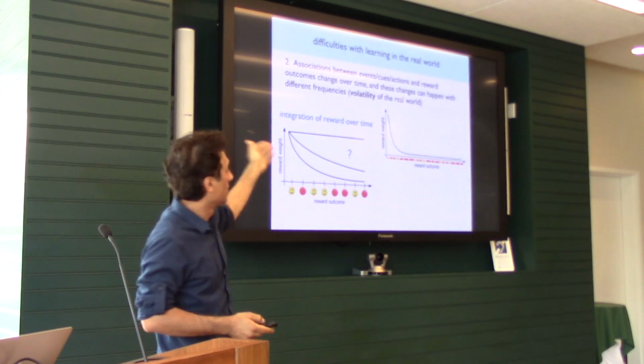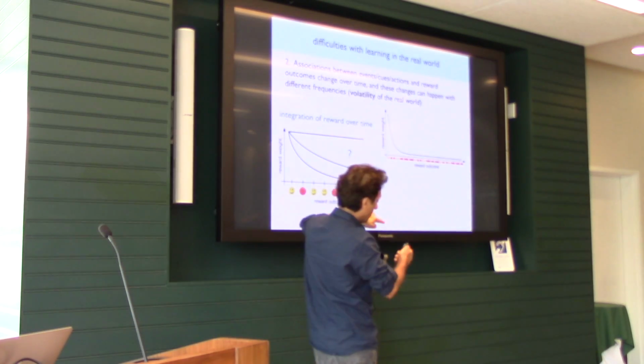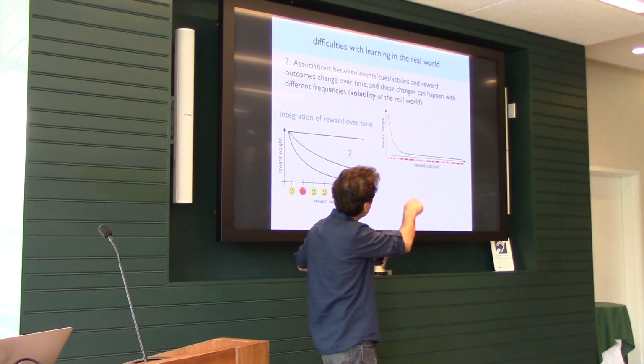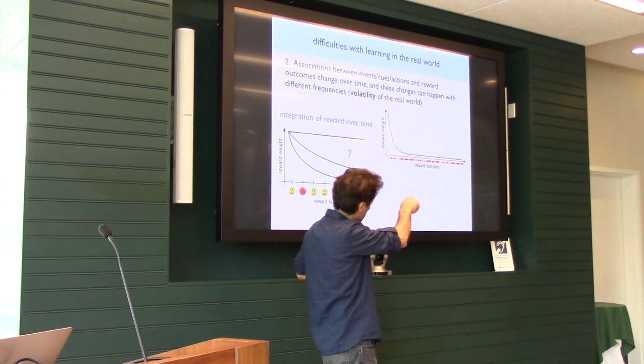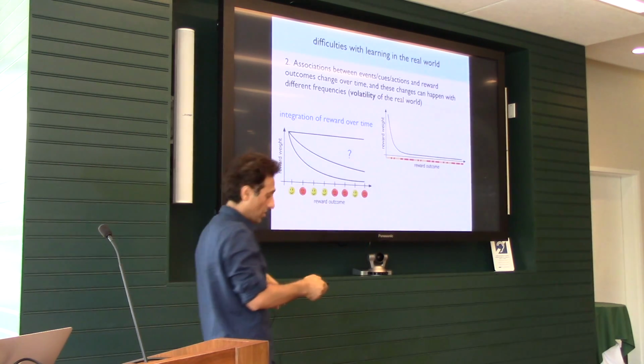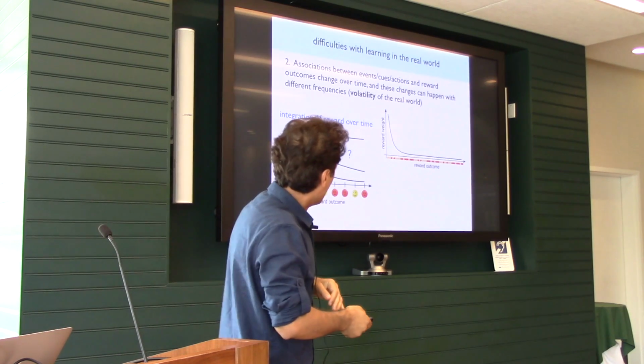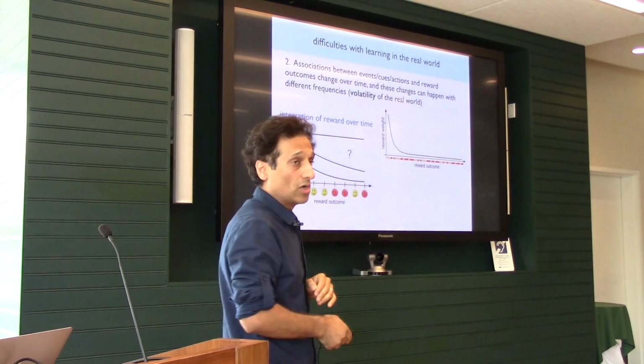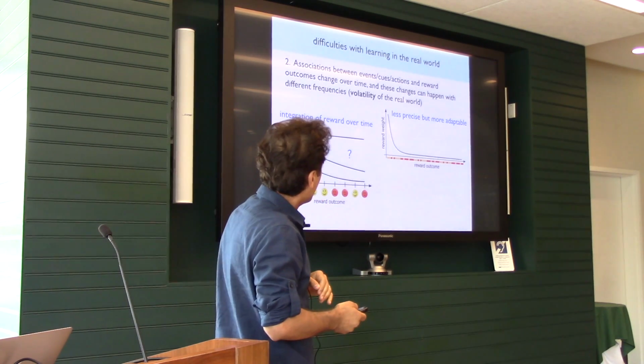This is more optimal. Why? Because when a certain option is good, you don't want to integrate over the longer history, which is actually the opposite. It makes you lose the fact that this option is recently good.